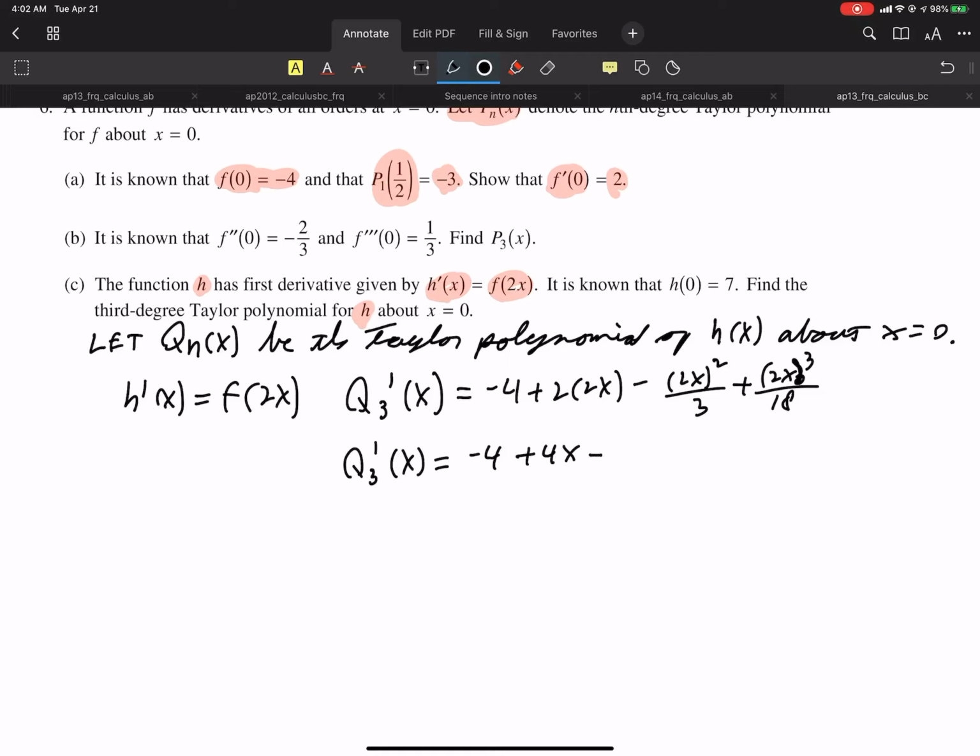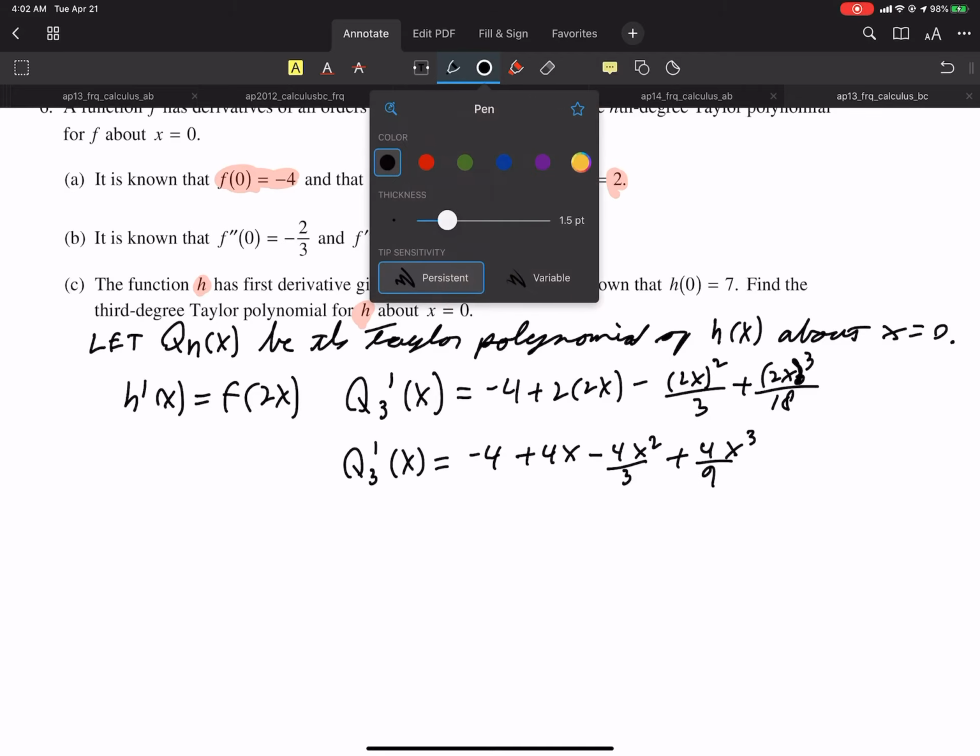So 2 squared is 4, so we're going to get 4 over 3 x squared. And 2 cubed is 8. 8 over 18 is 4 over 9 when you simplify that. So that's q prime.